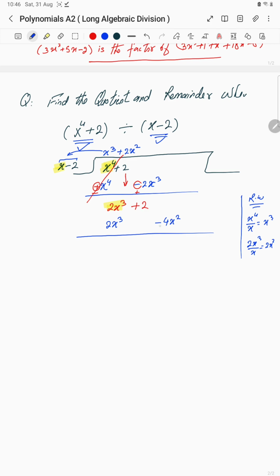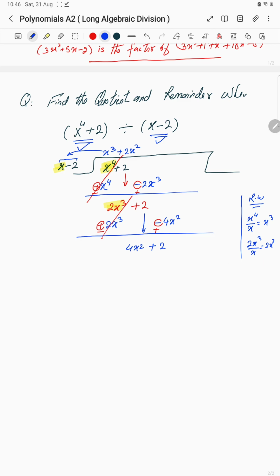As we don't have an x squared term, we write it a little away from it. And as per rule, change the signs. Plus becomes minus, minus becomes plus, cancelled. Left is 4x squared, and again this 2 as it is.